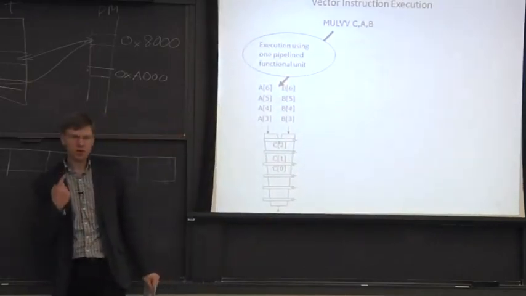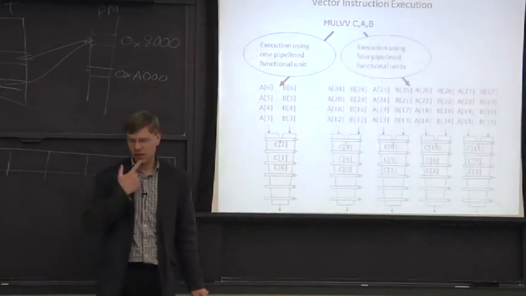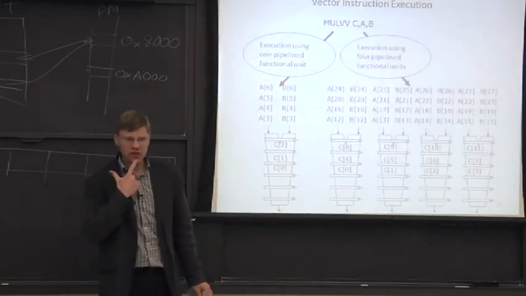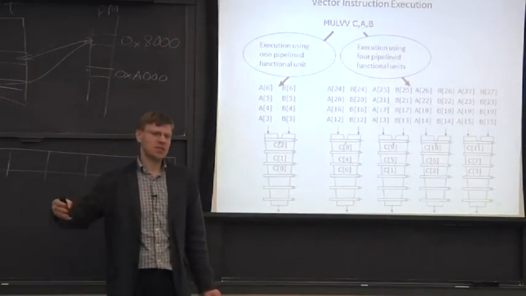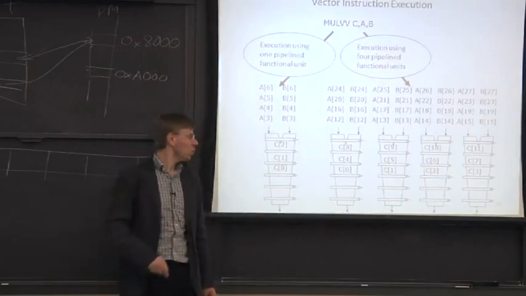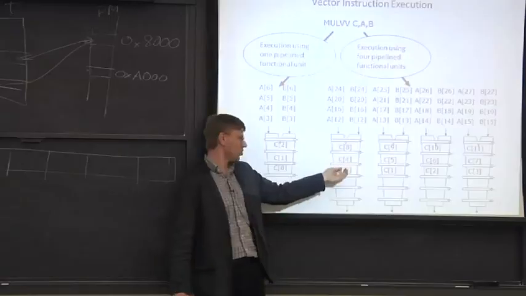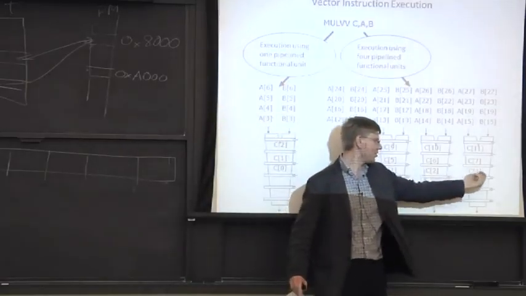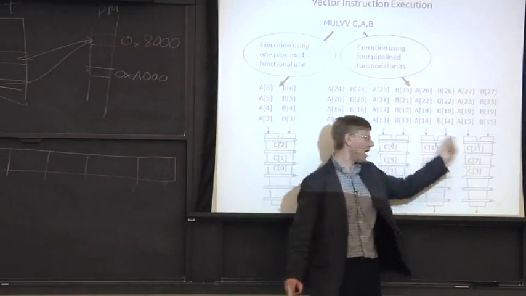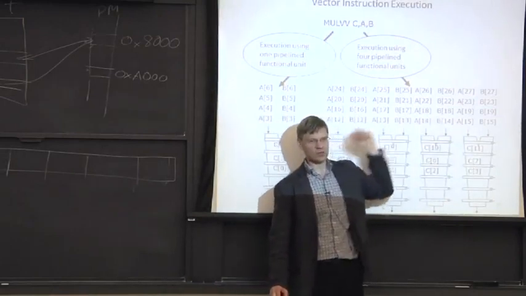And this is assuming that we have one pipelined functional unit. But what if all of a sudden we started to have multiple copies of the same functional unit? Well, we can actually start to think about executing these things in parallel and interleaving the respective operations. So we have results C of 0 here, C of 1 here, C of 2 here, C of 3, and then modulo around it, it wraps around.